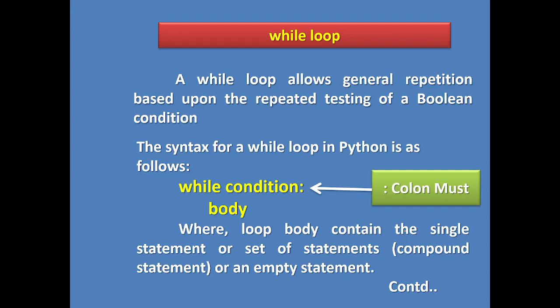Here you can see the syntax of the while loop is given. You can note it down also. The syntax for the while loop in Python is as follows: while, then the condition is given. This is the condition, and this is the body of the loop, that is the set of statements inside the loop.